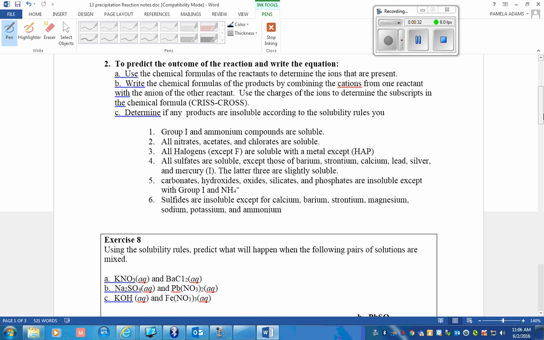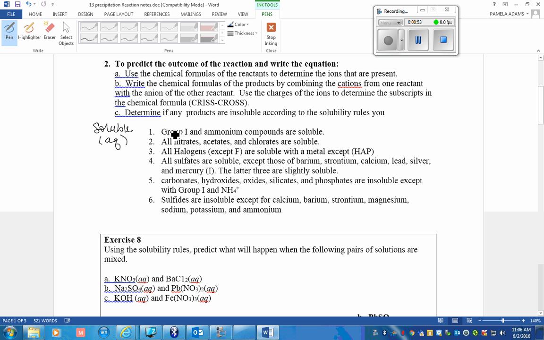rules. And we're going to make this really easy for the time being and even simpler than this list of solubility rules. Okay, so you need to know what is soluble. And soluble means it dissolves in an aqueous solution, and we call that aqueous.